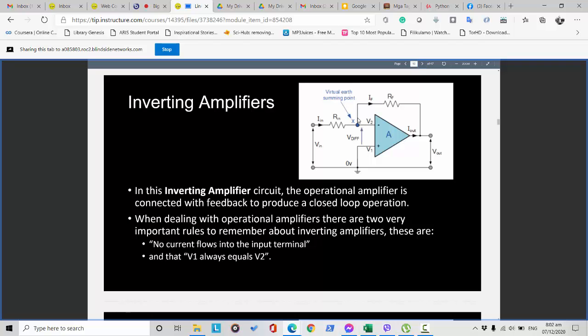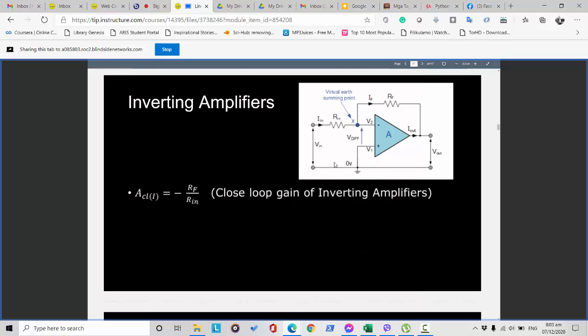And this virtual ground concept aids the circuit analysis in operational amplifiers and other circuits, and provides useful practical circuit effects that would be difficult to achieve in other ways. Okay, so that's the explanation of this. So we have here some formulas.